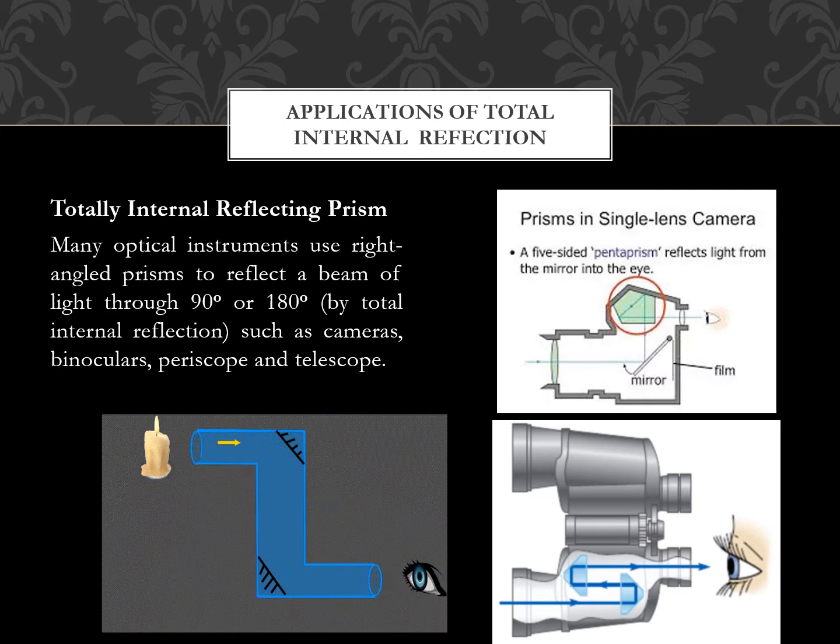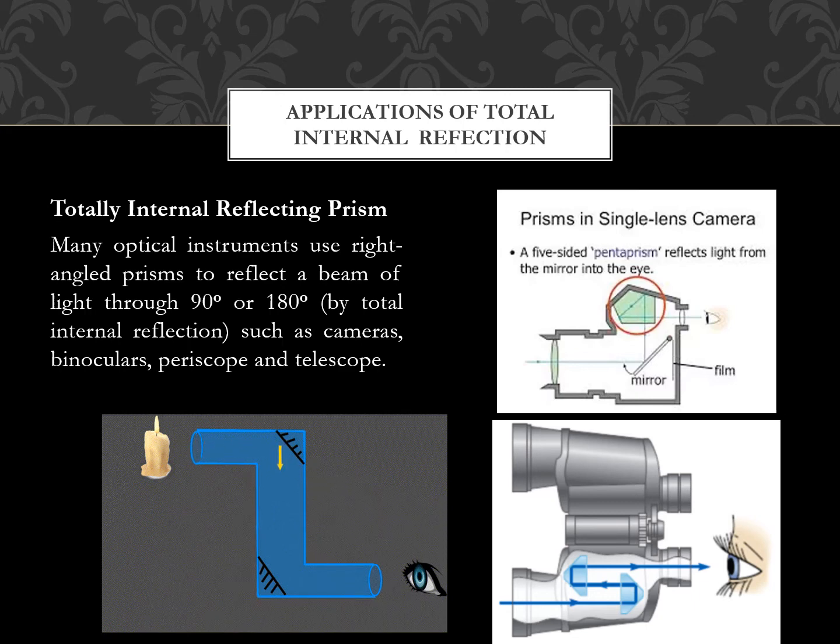Many optical instruments use right-angled prisms to reflect a beam of light through 90 or 180 degrees by total internal reflection, such as a camera, as you can see in the figure, in which we place a prism, and when the light ray enters inside the prism, it will reflect 2 times. There is a process of total internal reflection 2 times inside the prism, and then the light ray emerges out, strikes the mirror, and you will capture the image.